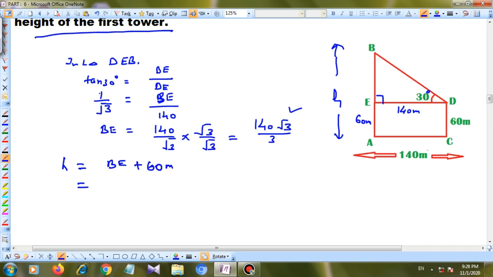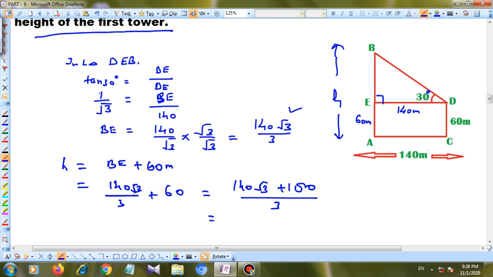So the value of BE is 140 root 3 upon 3 plus 60, right? So this is 140 root 3 plus 180 whole upon 3, right?